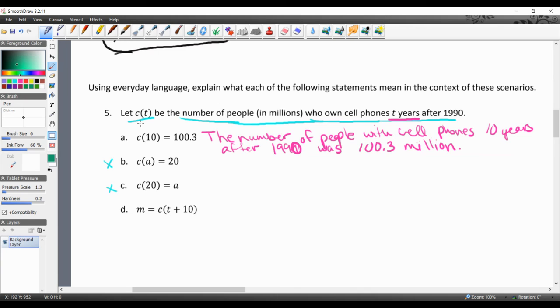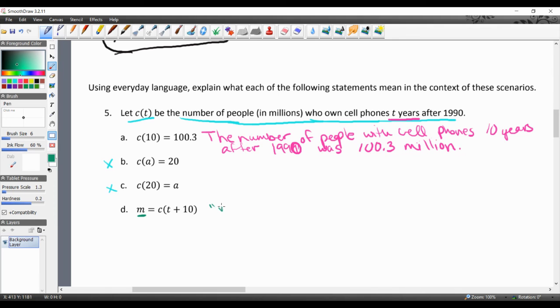Remember that c of t is the number of people in millions who own this after this many years. So m would be equal to this exact same thing in terms of c of t. Let me write this and then I'll try to explain it.